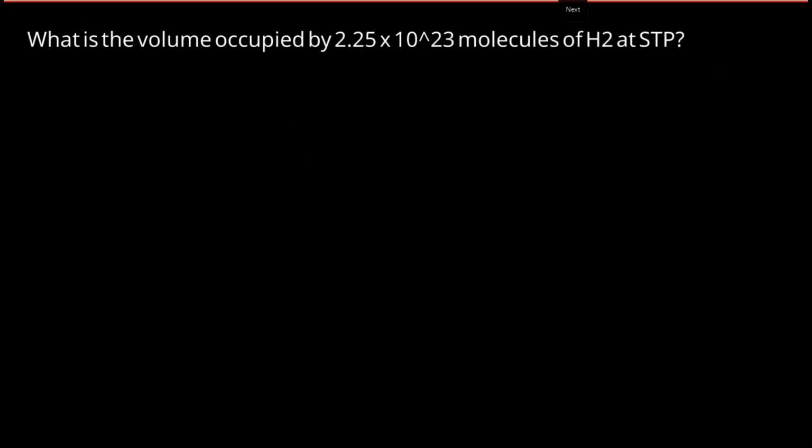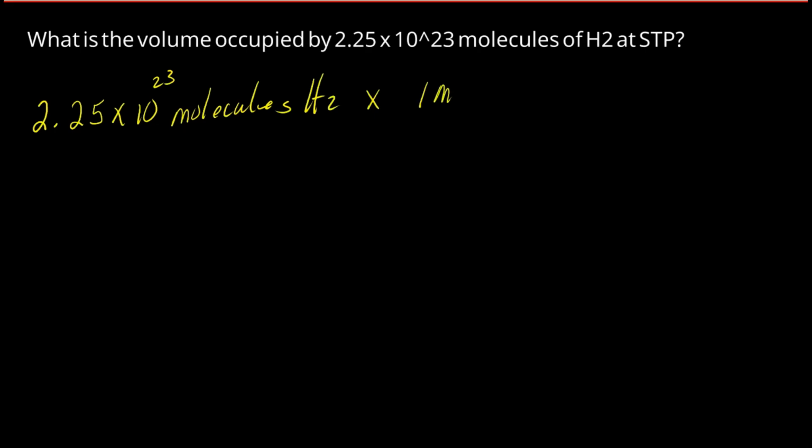And our last problem, what is the volume occupied by 2.25 times 10 to the 23rd molecules of hydrogen? So we'll start with the 2.25 times 10 to the 23rd molecules of hydrogen. Let's convert that into moles by dividing by Avogadro's number.